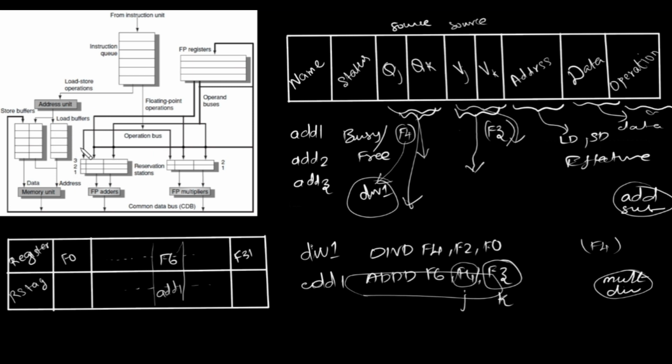Similar to the reservation stations, we have load and store buffers. These don't need the QJ and QK fields, because a store will have only one source operand, and a load has one destination operand. So that is enough, right?